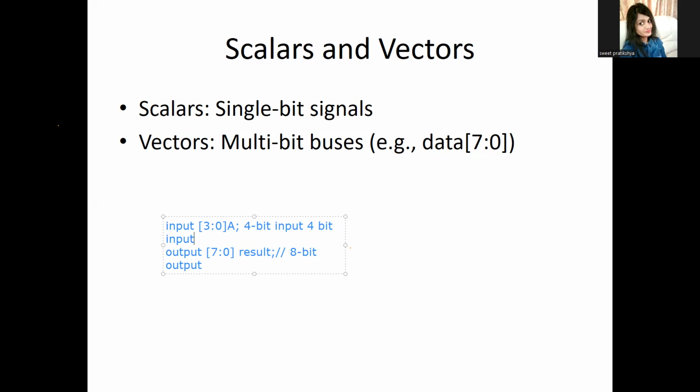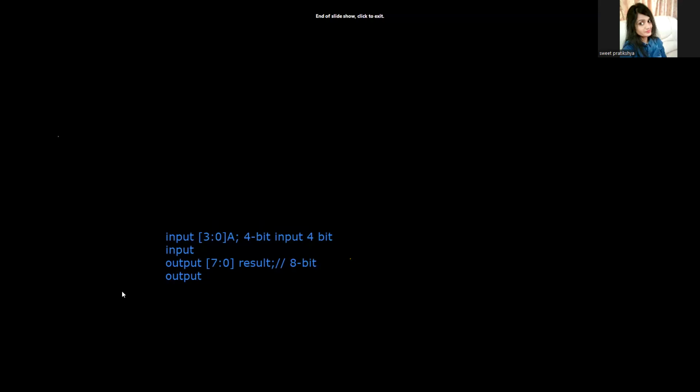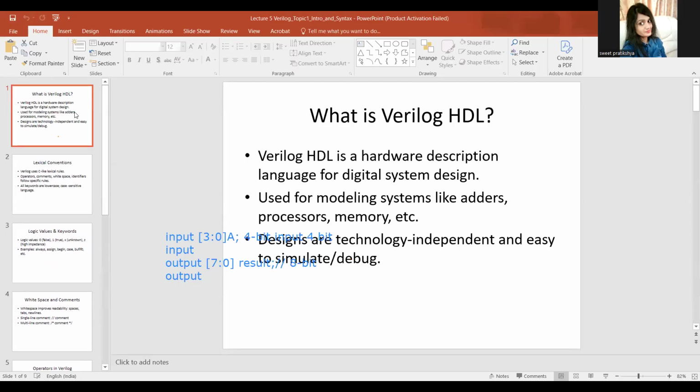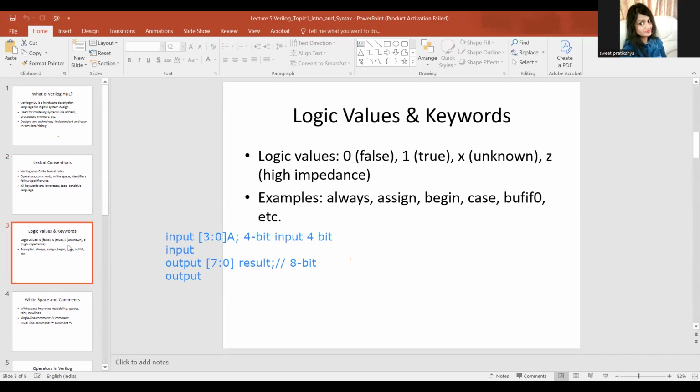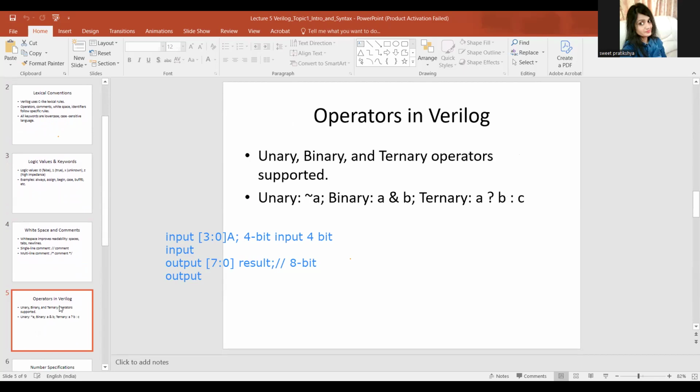So vectors are indexed from high bit to low bit and can be manipulated in arithmetic or logical expressions like an array. So what have we learned today? We have learned what Verilog HDL is, what the conventions related to Verilog HDL are, what values and keywords are, why we use white space and comments, and what the various operators are. Operators may be unary, binary, or ternary.